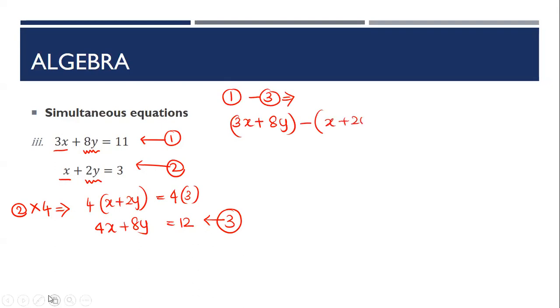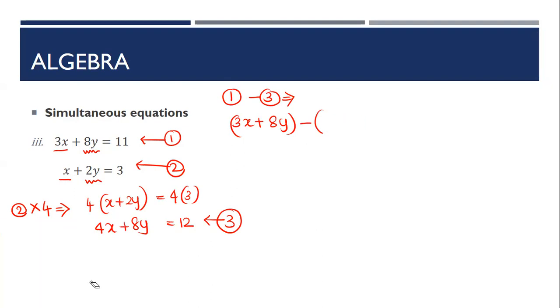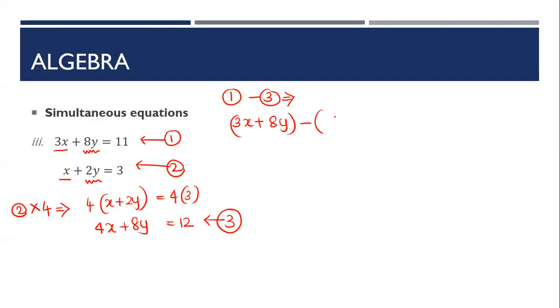Sorry. The third one, 4x plus 8y is equal to 12, so 11 minus 12. So here 3x plus 8y minus 4x minus 8y is equal to 11 minus 12.